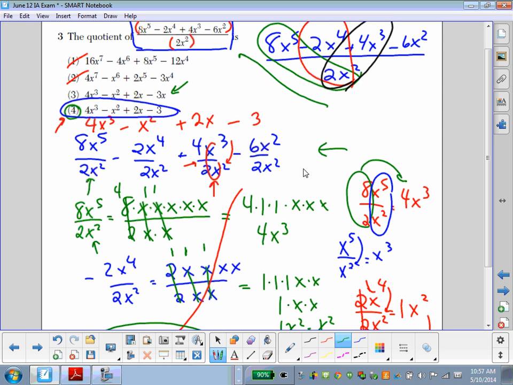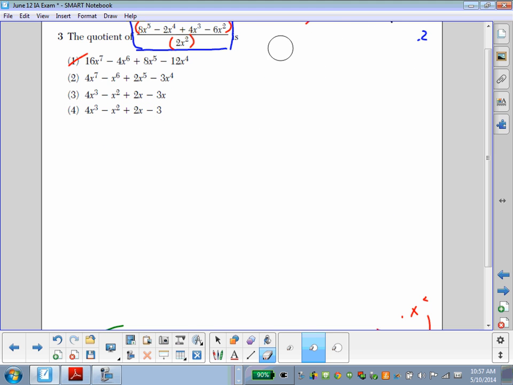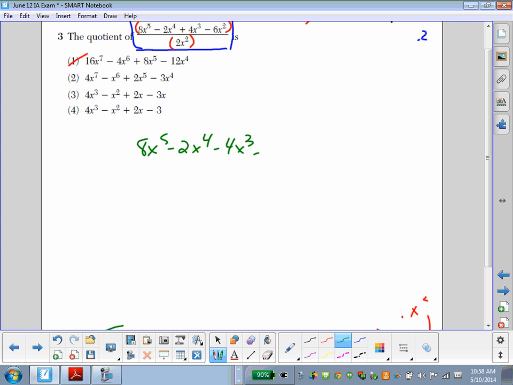If you look at the first expression, I'm going to do a whole bunch of erasing here. You have 8x to the 5th minus 2x to the 4th plus 4x to the 3rd minus 6x squared, all over 2x squared.